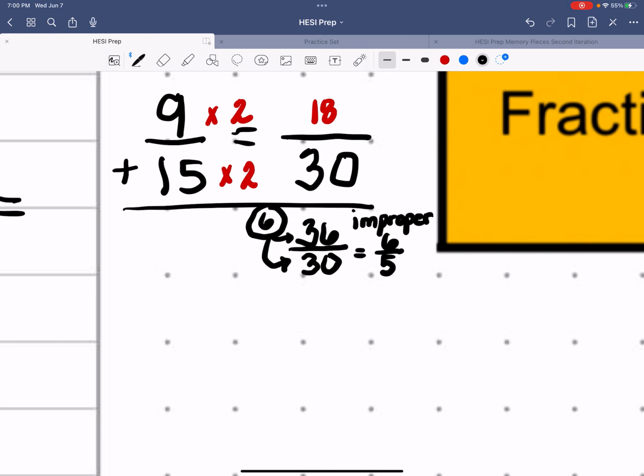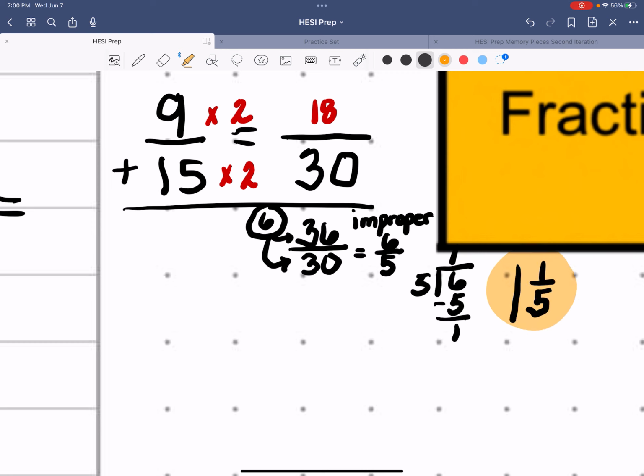And then I'm going to convert it to the mixed number. So I'm going to say 6 divided by 5. That's 1 time with 1 left over. So that is 1 1/5 as your final answer. That's horrendous to me. I hate fractions.